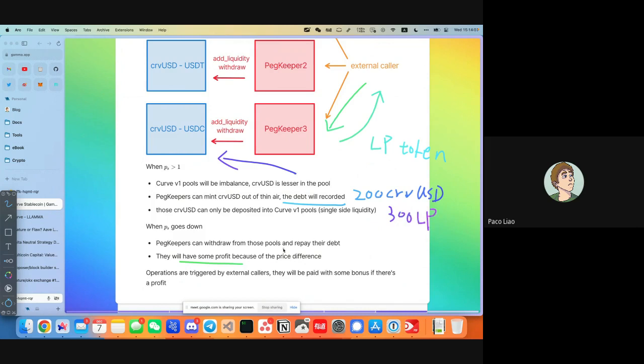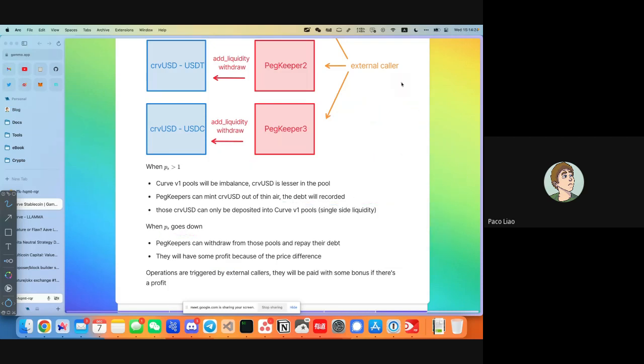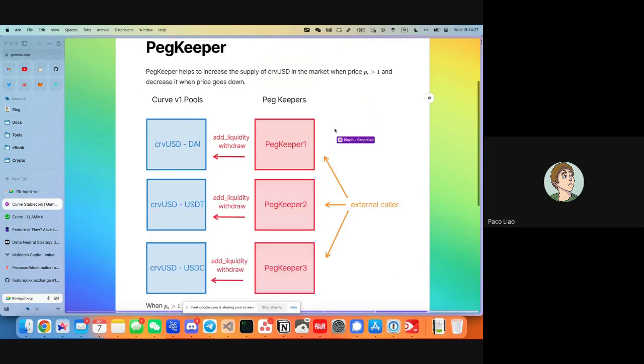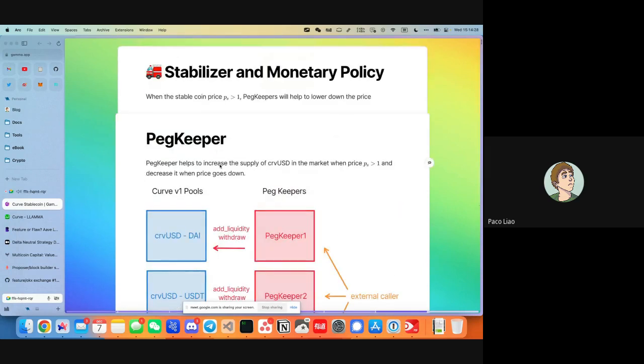And then when the price goes down, he withdraws 200 Curve USD from the pool, and that only burns 200 LP tokens. So there will be 100 LP tokens left. That is the profit of this peg keeper. And some of the profit was sent to the caller. And it's easy.